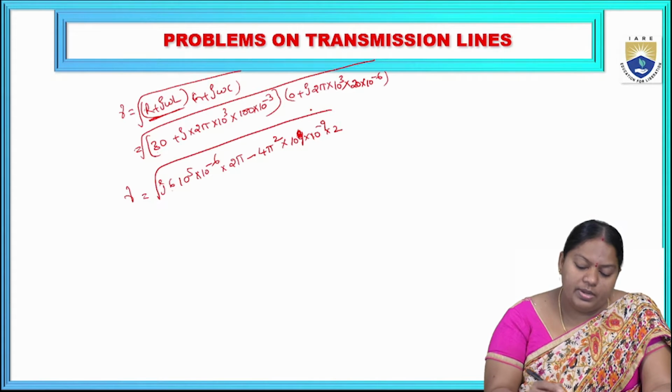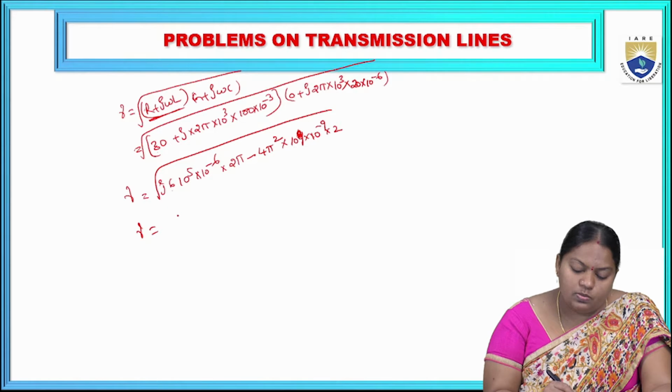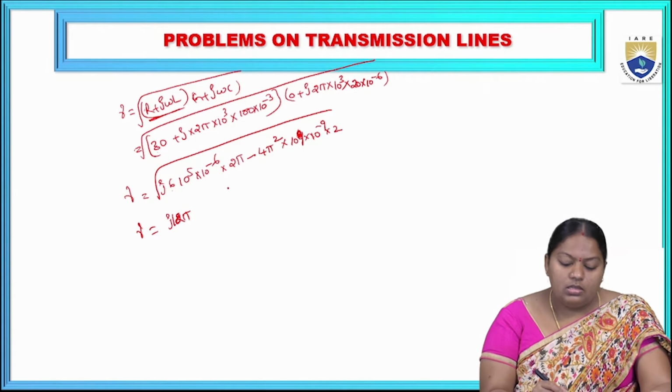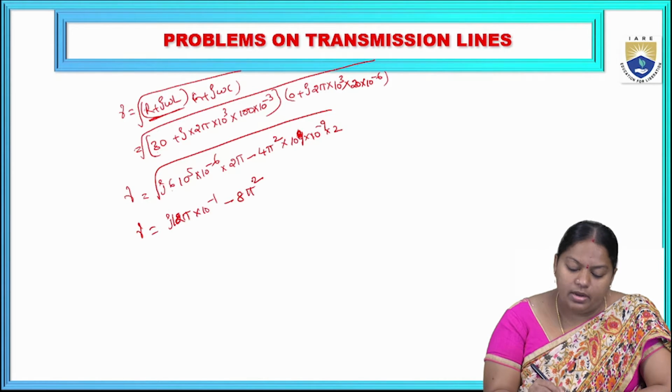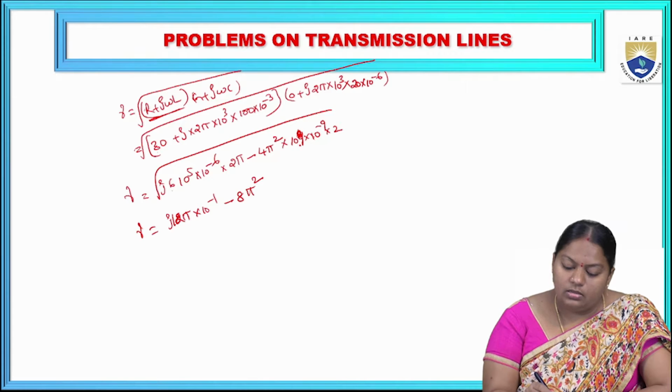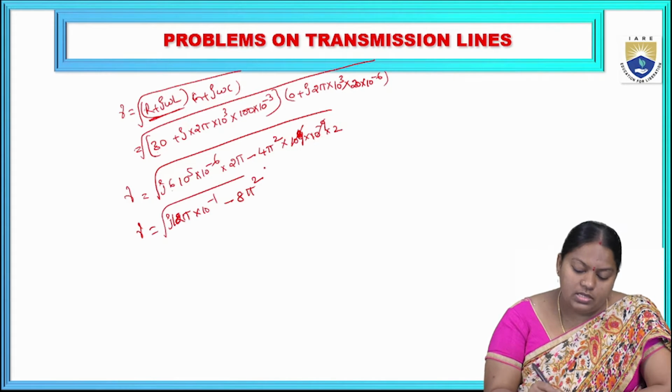So from this we will be getting the value gamma equal to, now 2 into 6 becomes 12, j 12 pi, and 10 power minus 5 into 10 power minus 6, then it becomes 10 power minus 1, and minus 2 4s are 8 pi square, then 10 power plus 9 and 10 power minus 9 get cancelled, then minus 8 pi square is left out.